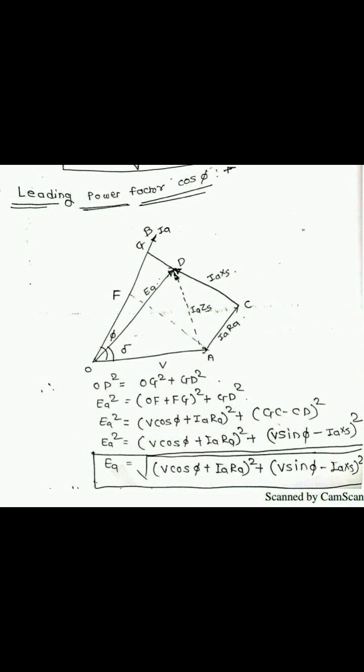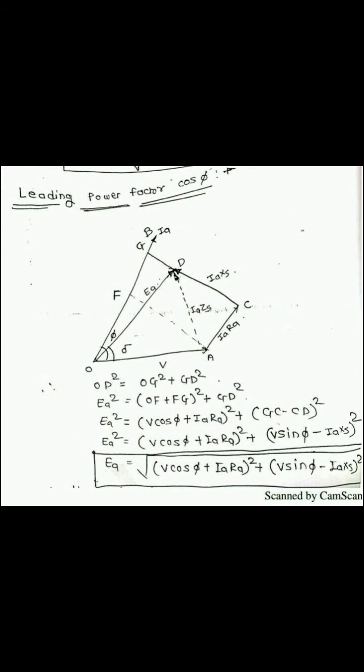So it will give you the value of the generated EMF for a leading power factor, that is square root of V cos phi plus IaRa square plus V sin phi minus IaXs bracket square. So this is the value of generated EMF for leading power factor of an alternator.